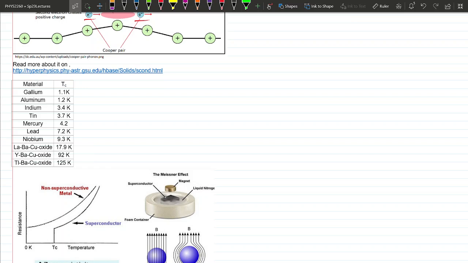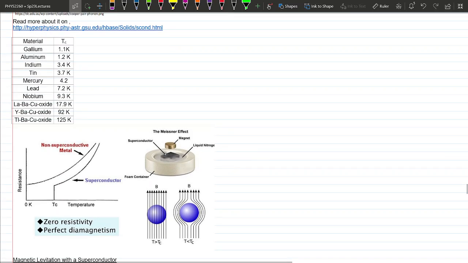I don't know what it is in Fahrenheit. So it has to be super cold for that to happen. Current research is trying to increase this temperature, and the ideal goal is to have a room temperature superconductor. Can you think of anything that would be useful if we had a room temperature superconductor?